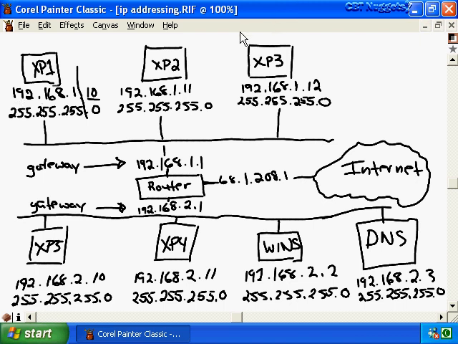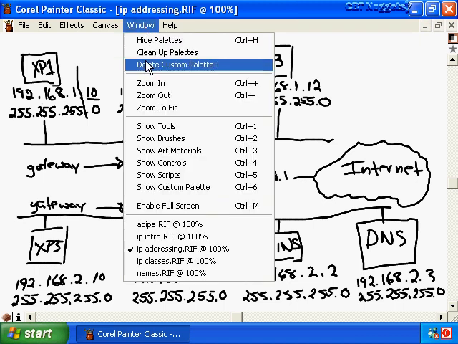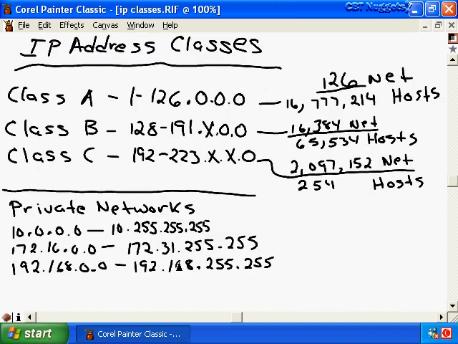So the question that remains is, where do we get these IP addresses from? Do we just make them up out of thin air? Let's take a closer look at this. There's a governing body called the Internet Assigned Numbers Authority, and this authority provides the IP addresses to large companies, the government, and internet service providers out of these 3 classes. And the number in the first octet denotes which class an IP address belongs to.